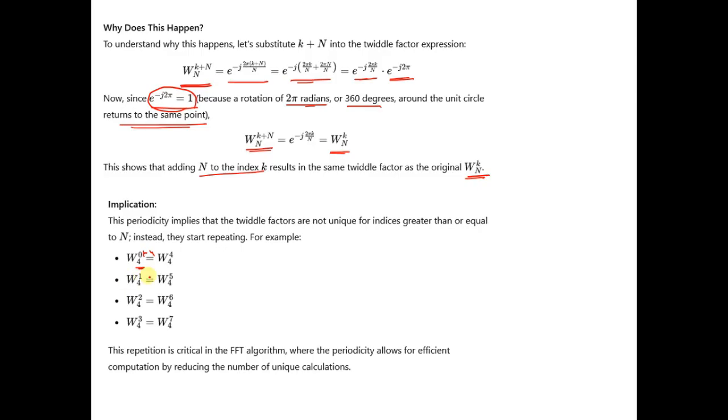Similarly, W^1 will be equal to W^(1+4), which is W^5. Similarly, 2 plus 4, so W^2 would be equal to W^6. So you look into this relation: W^(k+N) is equal to W^k. Okay, I hope everyone is along with me. Anyone?